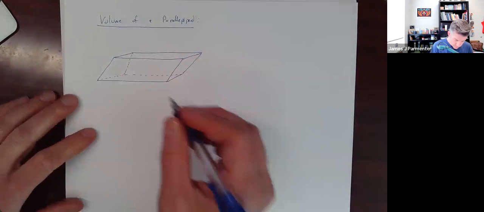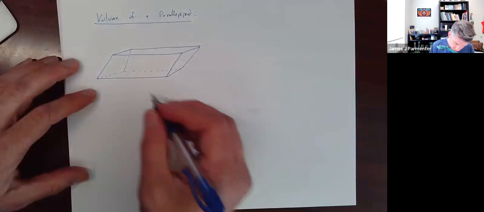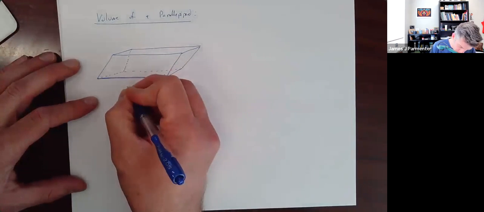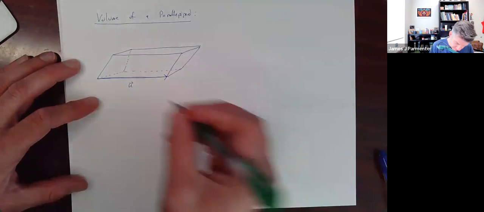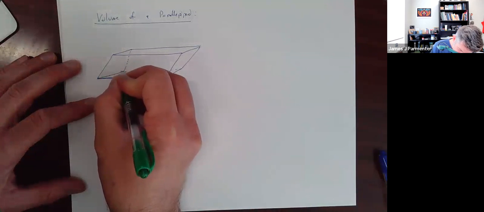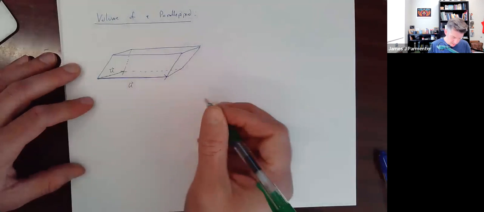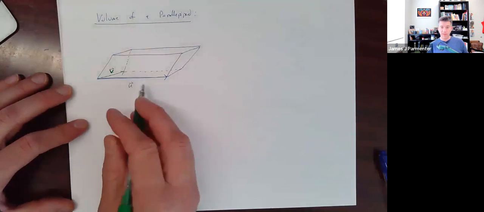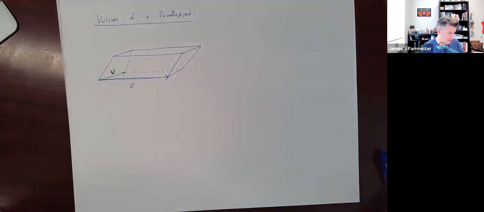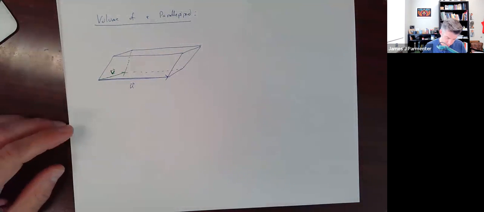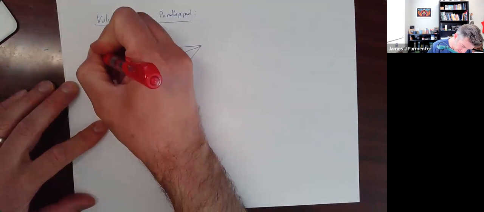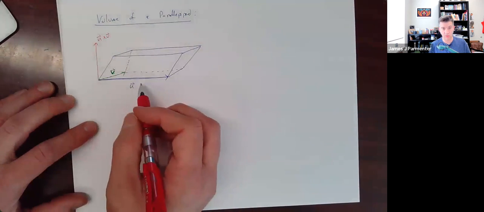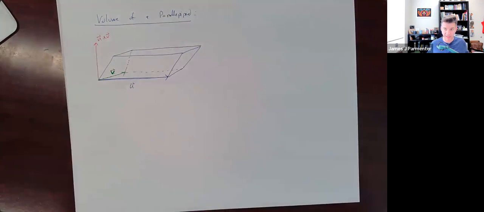So what we're going to do is call this vector here u, and we'll call this vector back here v. u and v are both in the flat plane, and then u cross v is going to point straight up, perpendicular to the plane, the XY plane essentially.